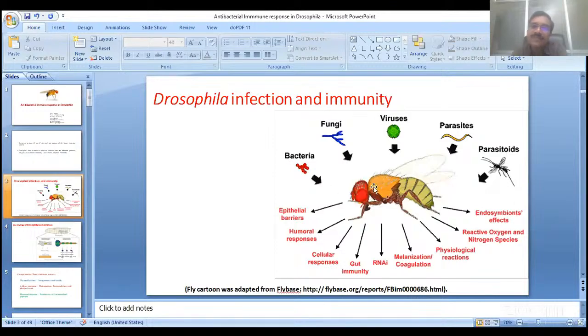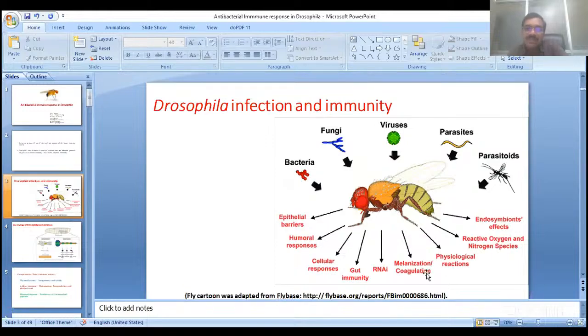As a result, the fly shows many different kinds of responses by different modes, which include epithelial barriers, humoral responses, cellular responses, gut immunity, and the involvement of RNA phenomena in innate immunity in the fly. There are many other responses, including melanization, coagulation, and different physiological reactions, including reactive oxygen species, and so on.